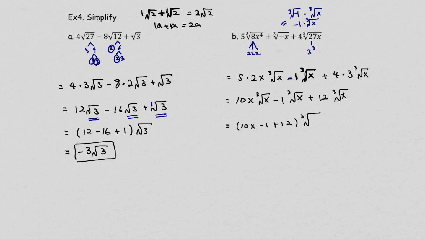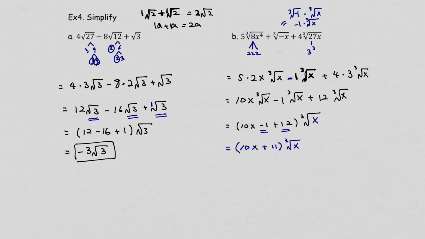But then this 2 is a like term. This is not, right? The number with the variable is not the same term. So you cannot combine that one. So you will end up getting 10x plus 11 to the cube root of x. Oh, I'm missing x right there.